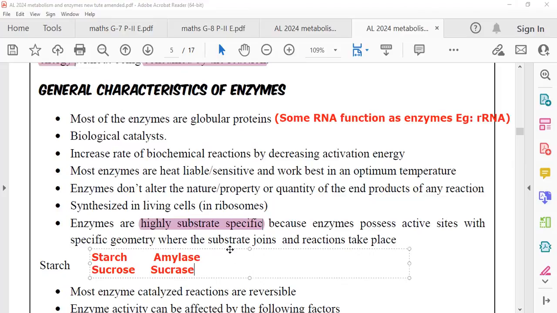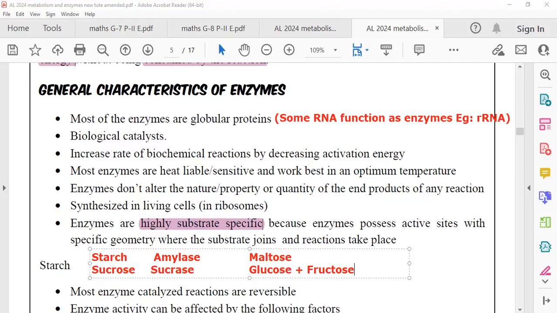My question here is, if you put amylase to starch, it will speed up the conversion of starch to maltose. If you add sucrase, it will speed up the conversion of sucrose to glucose and fructose.